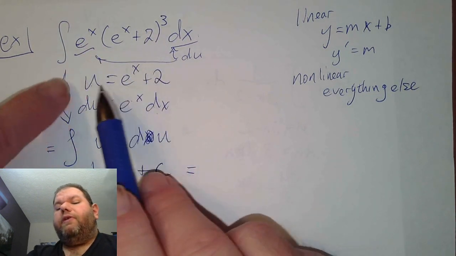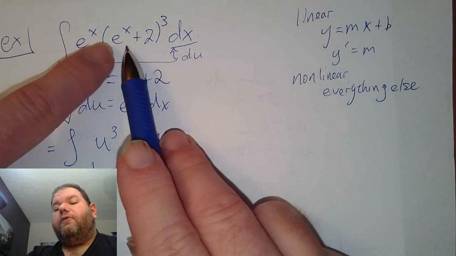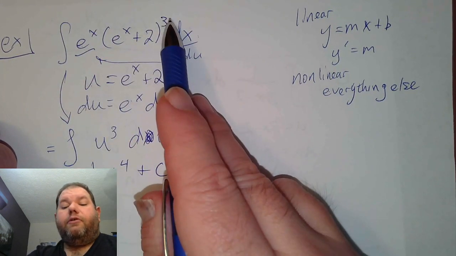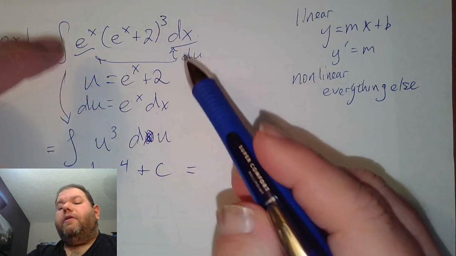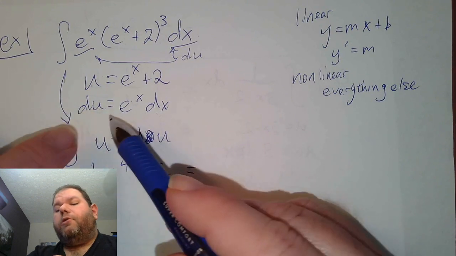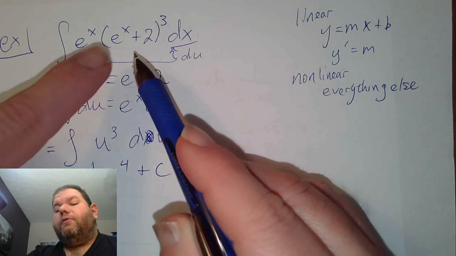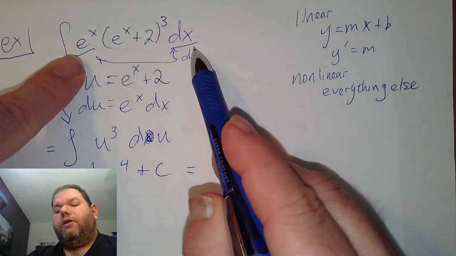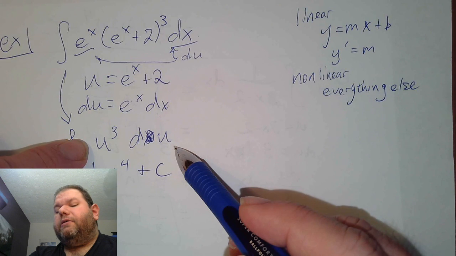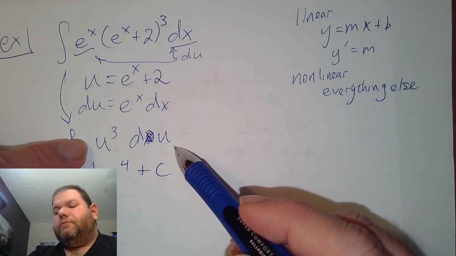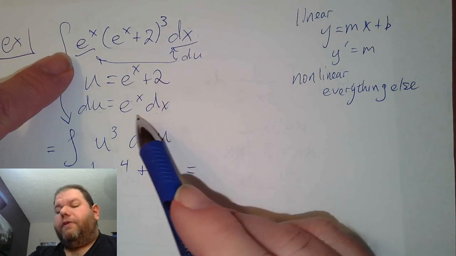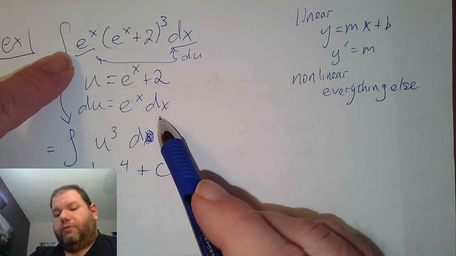So we said u equals e to the x plus 2, so this expression here, in the parentheses, that's just our u raised to the third power now. And then the e to the x and the dx that are on the outside, those both are part of du now. So we have u to the third du. And that's where we get our result from. Okay. We needed this e to the x to be part of the du substitution. Cool. Good.